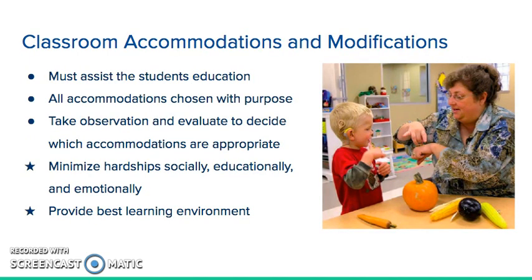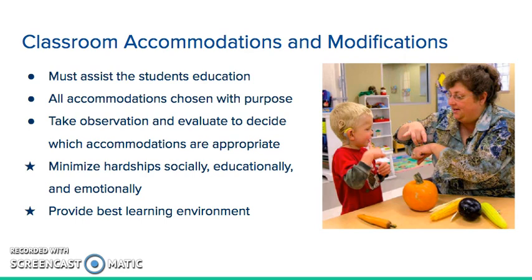First, we're going to talk about classroom accommodations and modifications, essentially what they are. Any adaptation or adjustment which may assist the student in their educational achievement is what an accommodation or modification is.